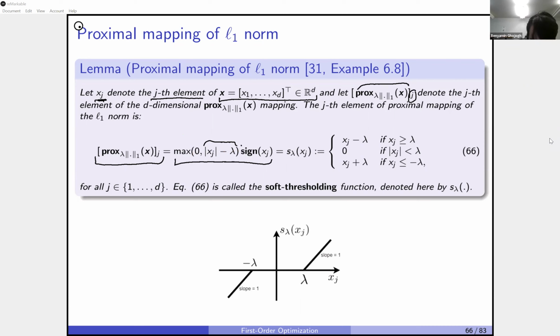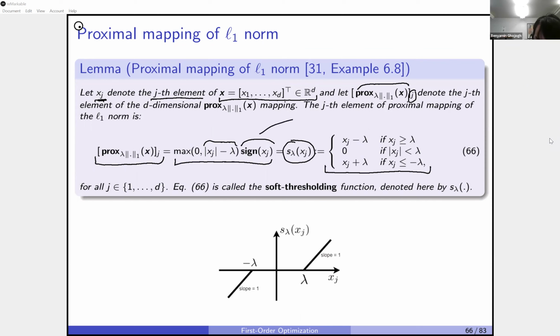Then we have times the sign of xj. If xj is greater than or equal to 0, the sign becomes 1. Otherwise, if it's negative, the sign is minus 1. And we denote this function by s of lambda xj, and it is this.